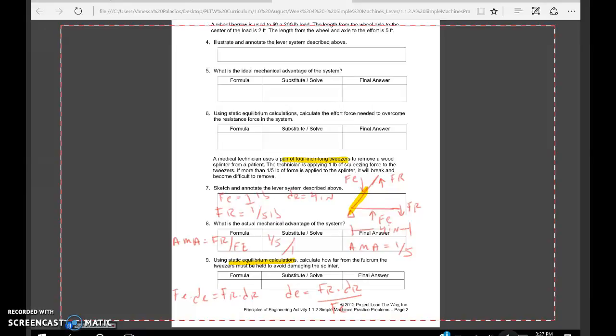Okay, and we know all these values. We said that our FR is 1/5. We know that our DR is 4, and we know that our FE is 1.